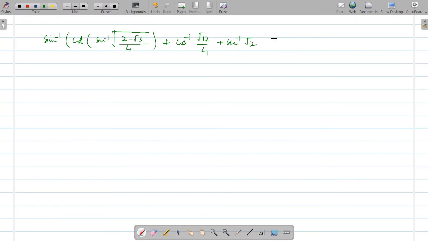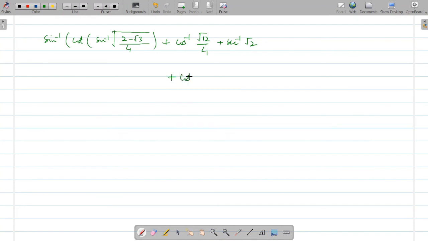So here you can see sine inverse of 2 minus root 3 upon 4 and plus cos inverse of root 12 by 4. First we can simplify this root 12 by 4.